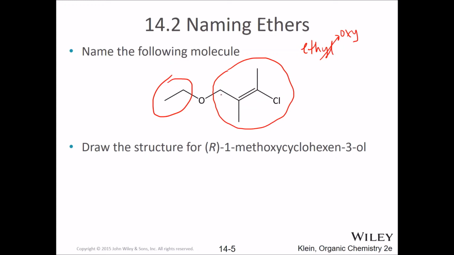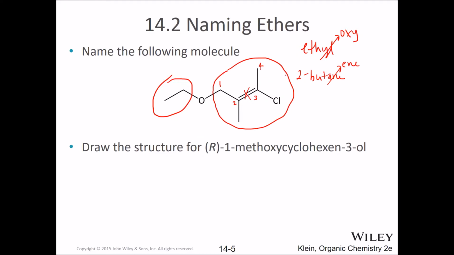Now I'm going to name this as the longest continuous carbon chain. 1, 2, 3, 4. And I've got to name all the substituents. So first thing I'm going to do is name that butane, and that becomes 2-butene. Okay, so I've named that.